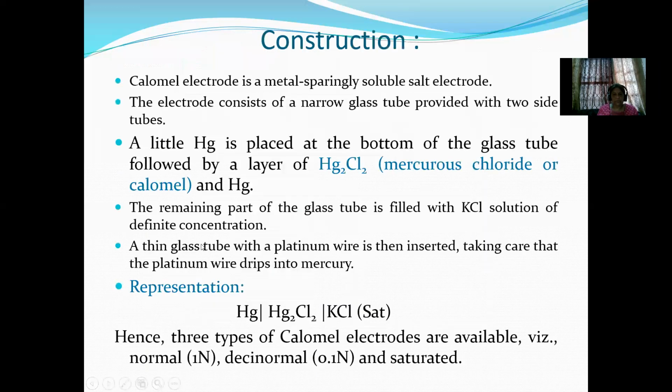What I have told you is shown here. Calomel electrode is a metal sparingly soluble salt electrode. The sparingly soluble salt is mercurous chloride. And how do we represent this electrode?